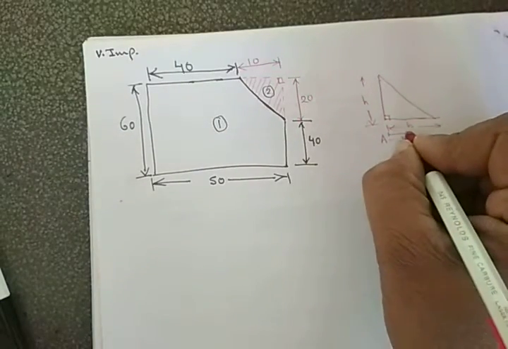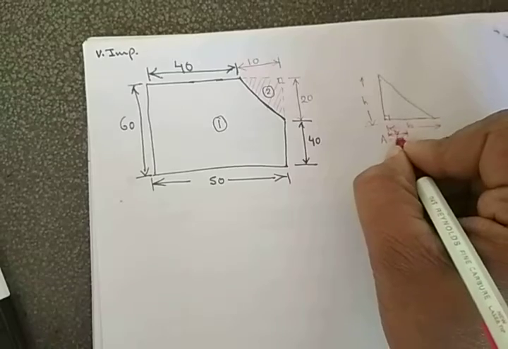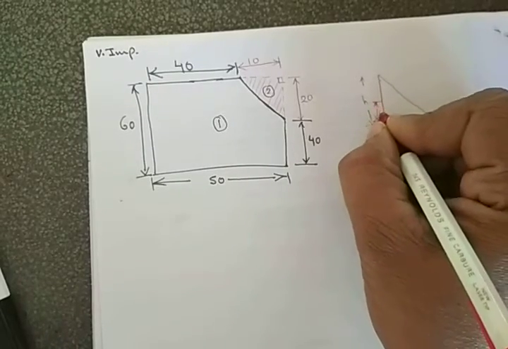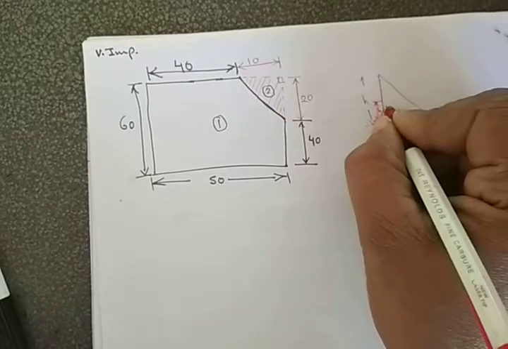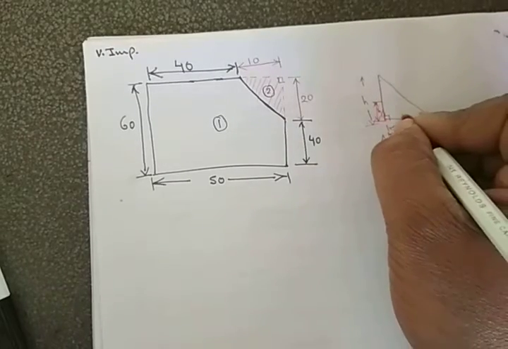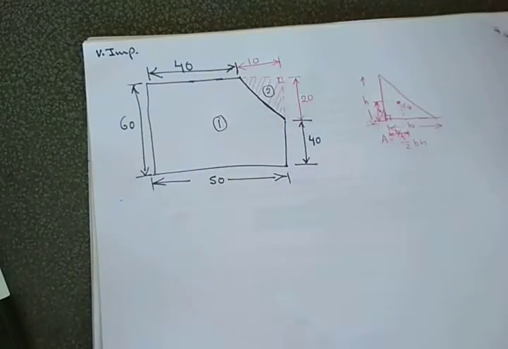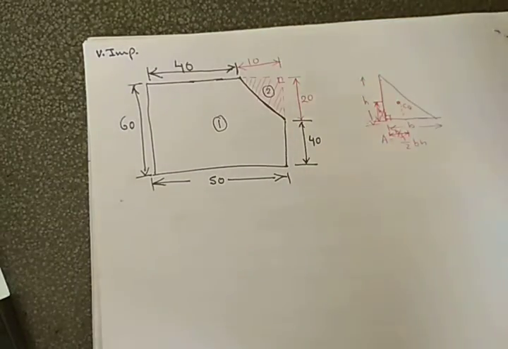From here to here it is B by 3, and from here to here it is H by 3. So somewhere here we will get the CG of the triangle.